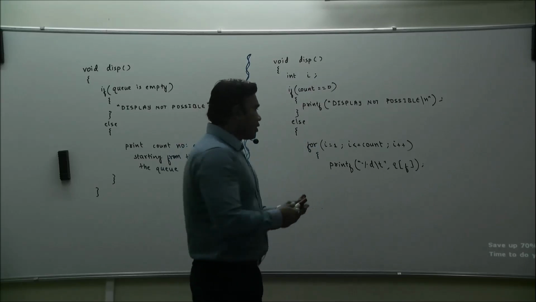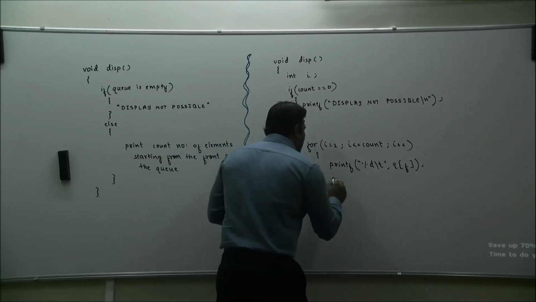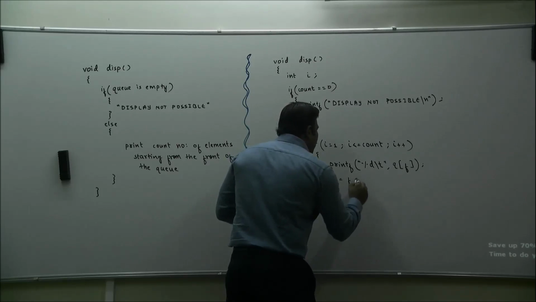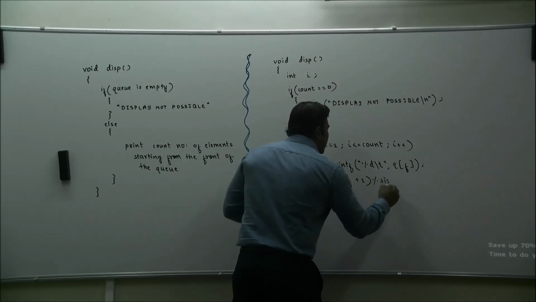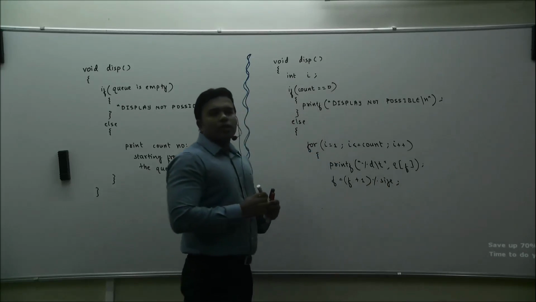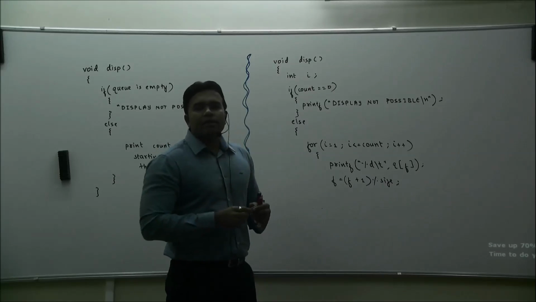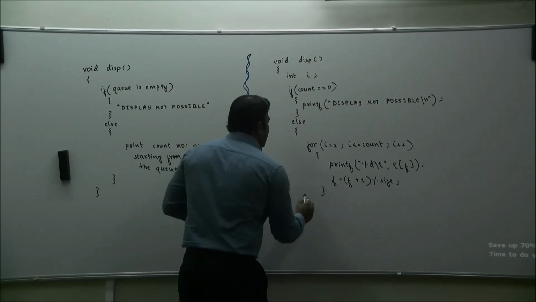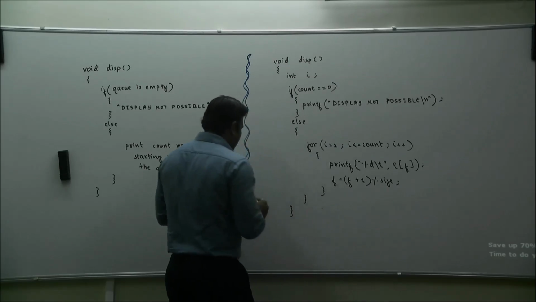And in a circular queue, as I have told you, to go to the next element, the new value of front is equal to the old value of front plus 1 modulo size. So that you can go to the next element and so on. This is the closure of display.